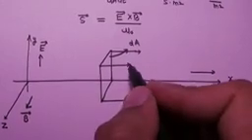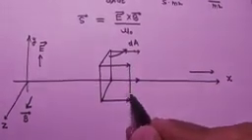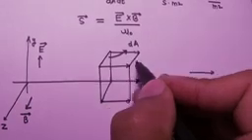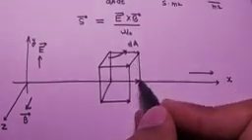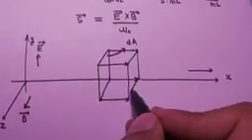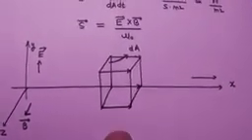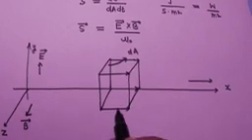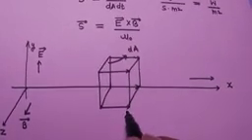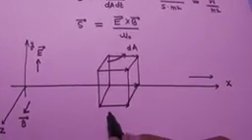That means the energy that crosses the cross-sectional area dA is the same energy that is located in this infinitesimally small volume element.